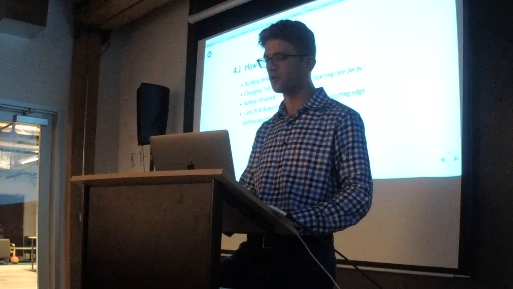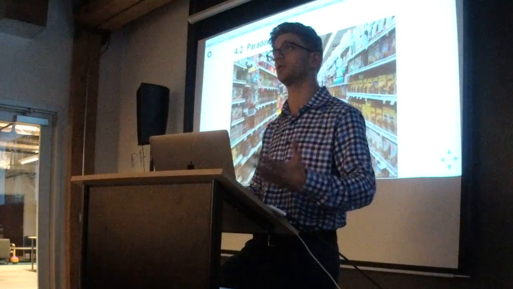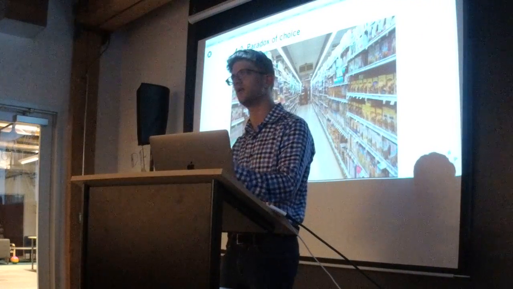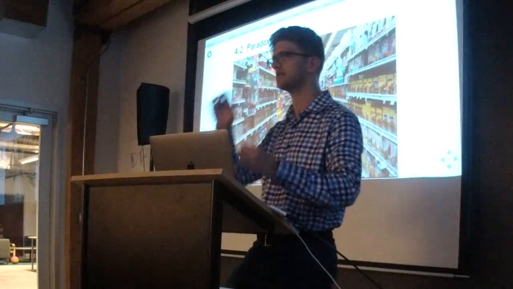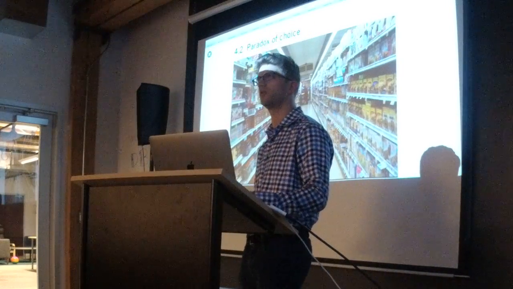So I think with neural nets, are you overwhelmed yet? If you're here to learn, you're probably like, wait, I actually want to know what these things are. Why don't you teach me instead of just saying that there's lots of things you can do? I think with neural nets in general, there's a paradox of choice.